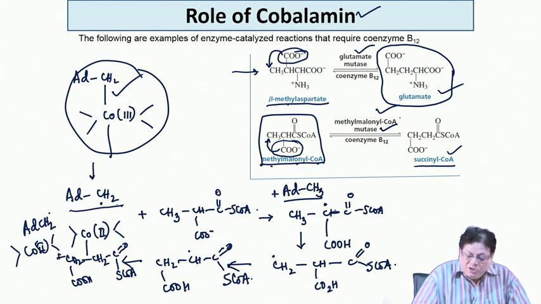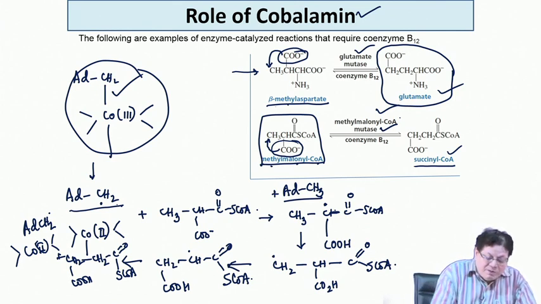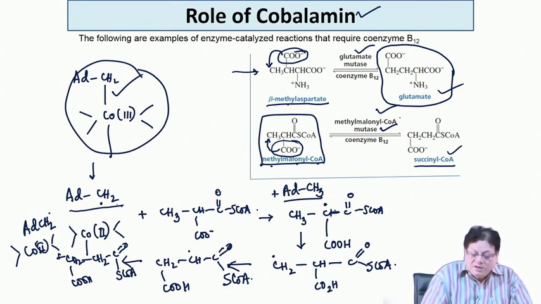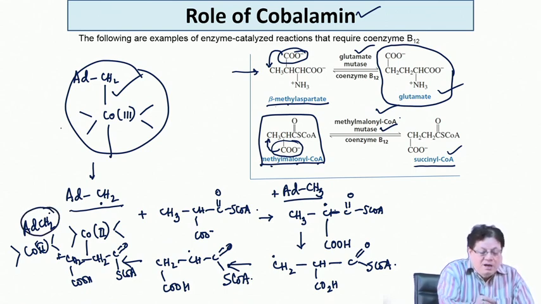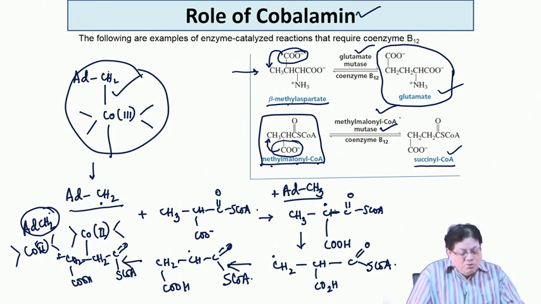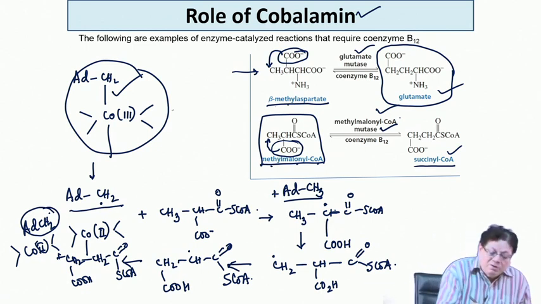CO2H then migrates, resulting in a radical being produced here; the CO2H migrates here, again producing the radical at this position. Then this abstracts the hydrogen from the AdCH3, adenosine CH3, resulting in formation again of AdCH2, and that can combine with the cobalt 2 complex to make the coenzyme of vitamin B12.